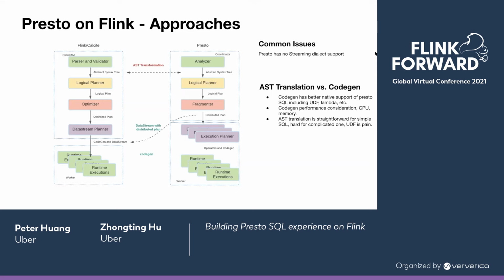And there are definitely pros and cons. If we use the CodeGen, the absolute pro is we have native support for all Presto SQL, including UDF, lambda calculation, etc. So this is very simple in terms of the translation part. The code-generated performance, including CPU and memory, is also something we are looking at, whether the newly generated code can run seamlessly in Flink is something we need to evaluate.